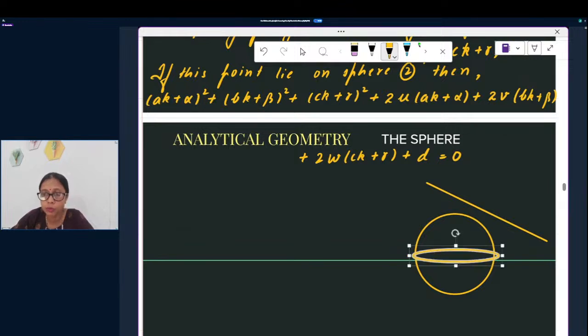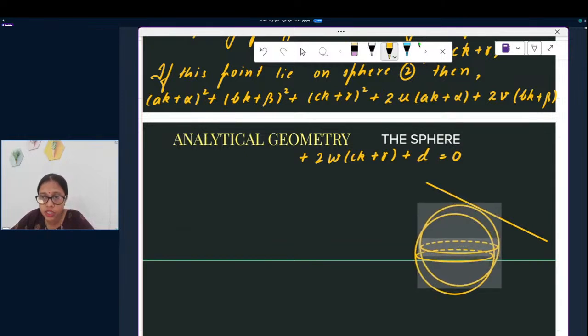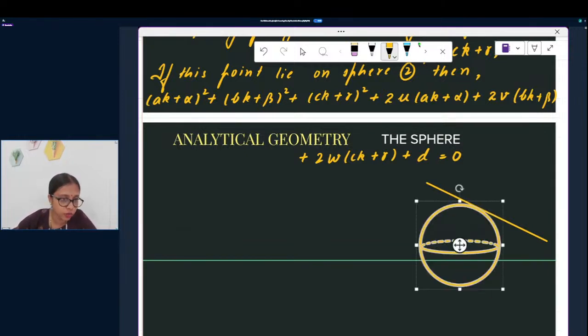This is the intersection of a sphere and a line where I am getting no point of intersection, so no values of k. That means no roots of the quadratic equation, which means the discriminant is negative. This is the situation where the line will be tangent to my sphere. That means I'll have repeated roots.